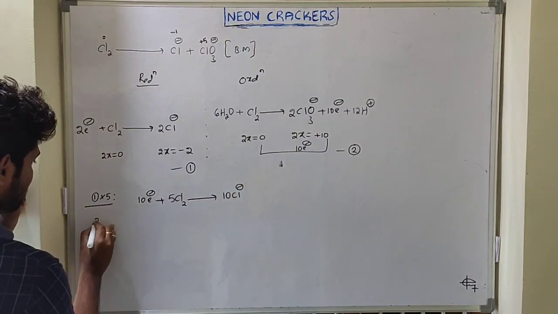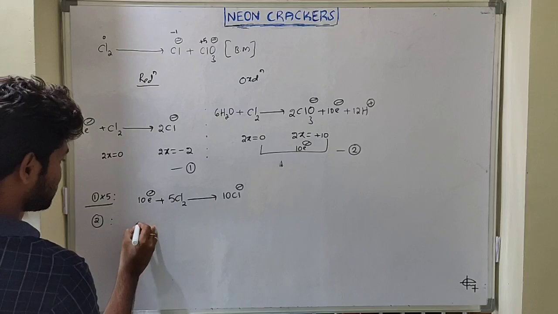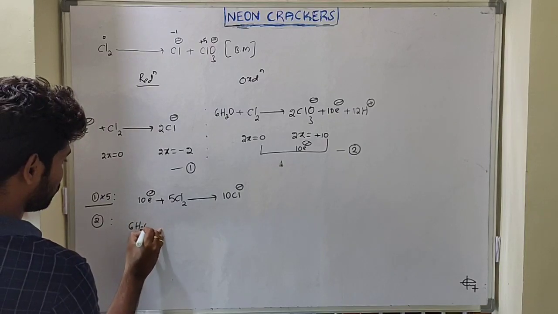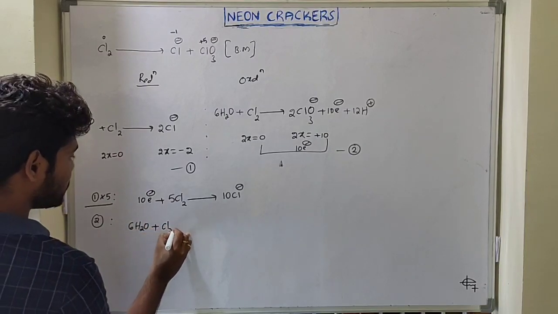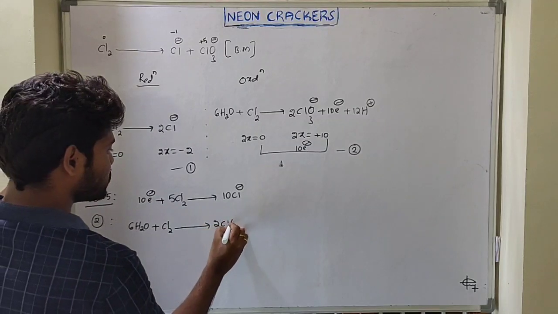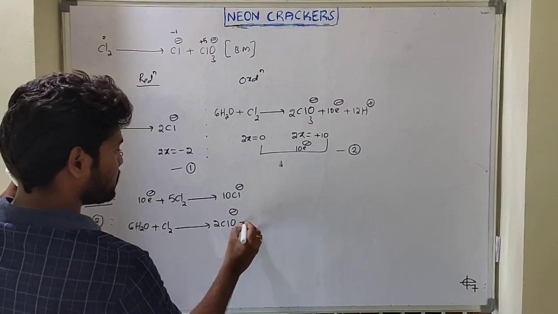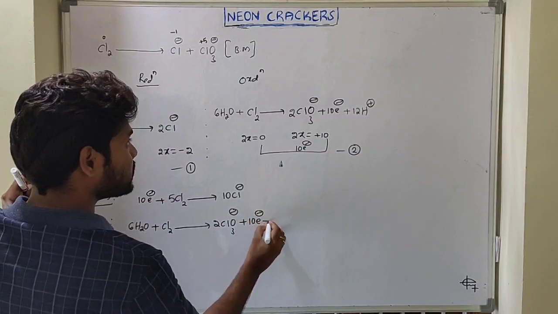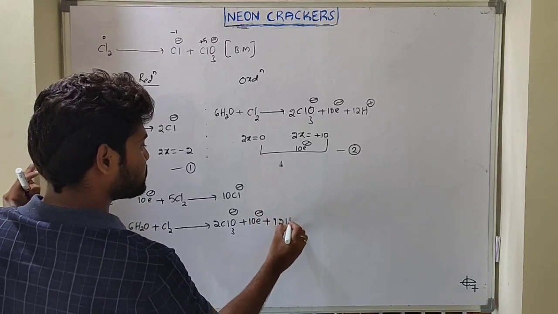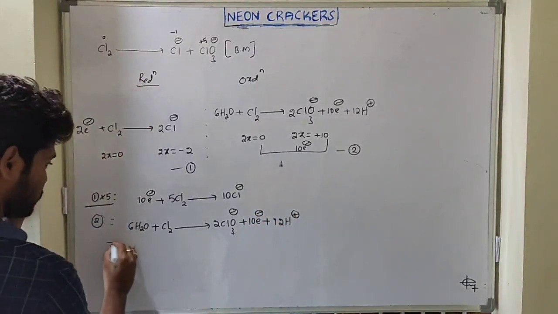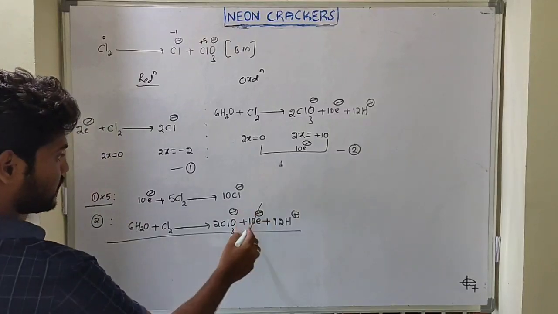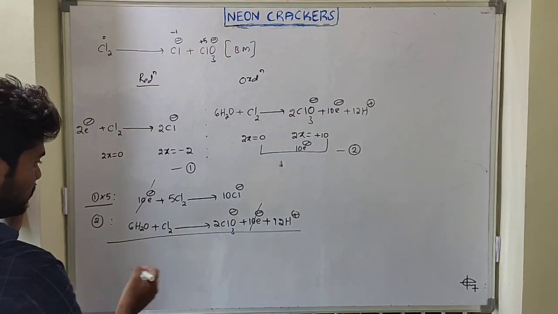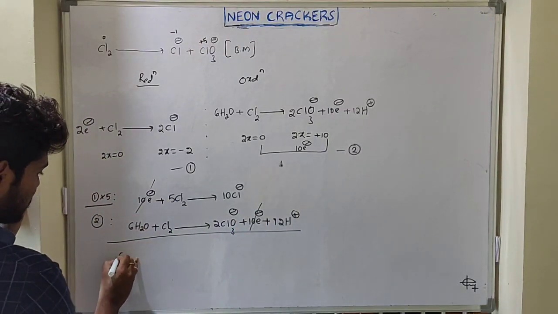The second equation is as it is: 6H2O plus Cl2 giving 2ClO3 minus plus 10 electrons plus 12 H plus ions. The 10 electrons get cancelled on both sides. So what is the resultant equation?